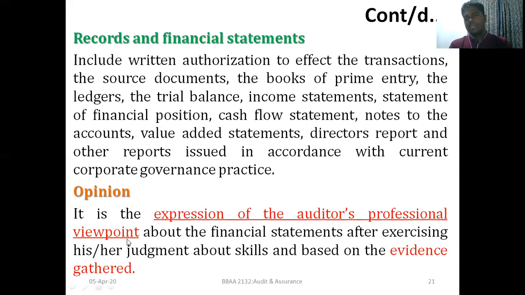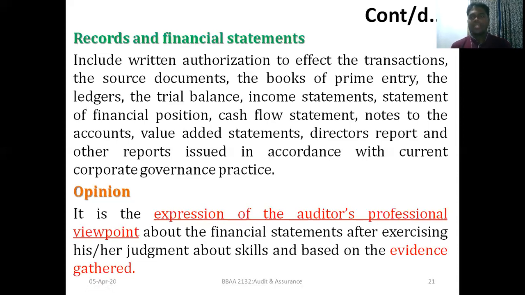That's important. The viewpoint should be the provisional viewpoint about the financial statements after exercising judgment, based on skills and the level of evidence. Based on the evidence, the auditor checks the documents. In addition, the auditor uses his or her knowledge, skills and experience.